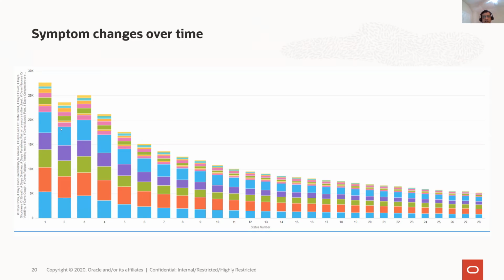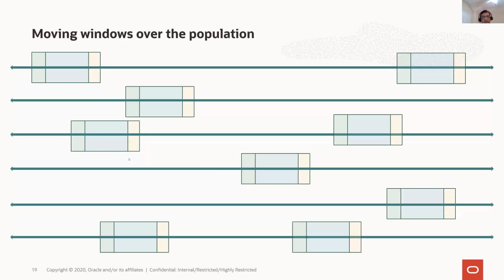And you can see over the first 28 days of sickness, first of all, how does the overall symptom profile change? How long does it even last, even beyond 28 days? And within each day, you can see what's happening in the earlier part of sickness. Maybe loss of taste and smell is showing up more than in the later part. All this was possible once you had these clusters and you could aggregate across them.